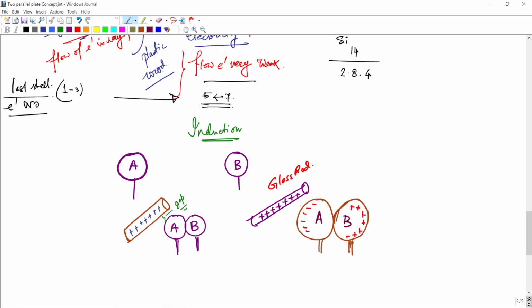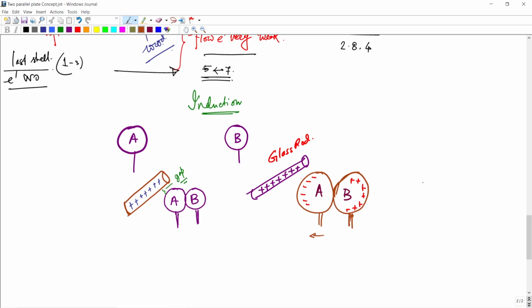Okay, and now we separate these two metal balls, so there is some gap. Now the diagram looks like this: A and B. See very carefully, negative here, positive here, and obviously there is a glass rod here.